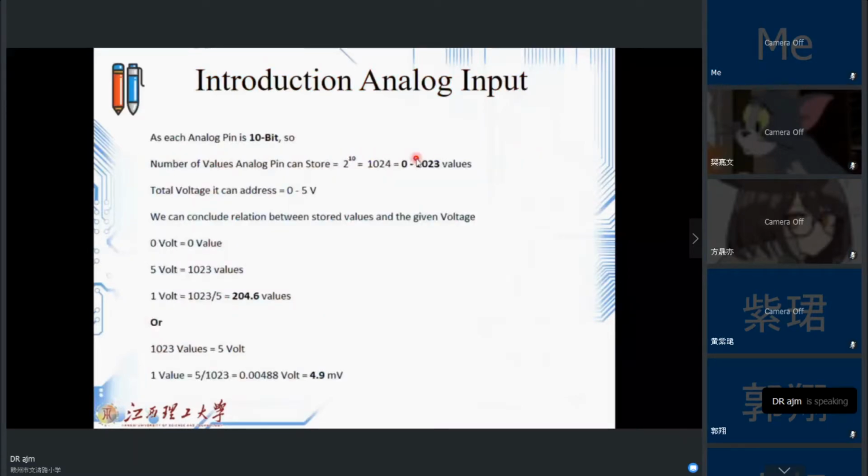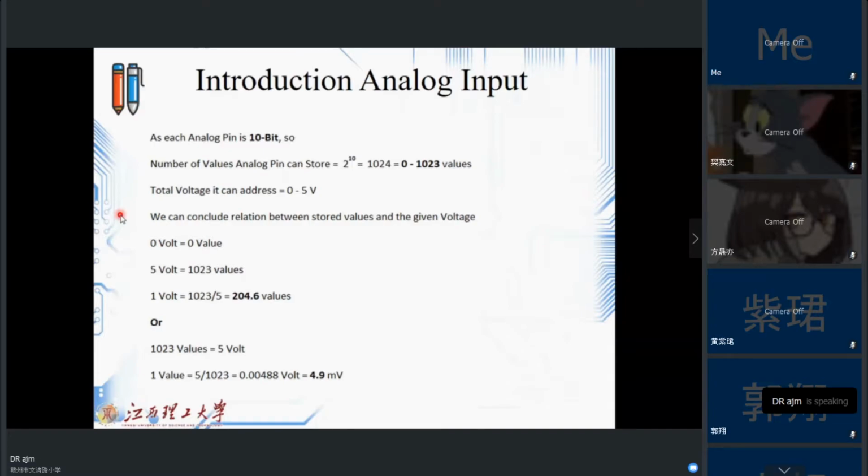Now let us see some calculations of where these numbers come from.